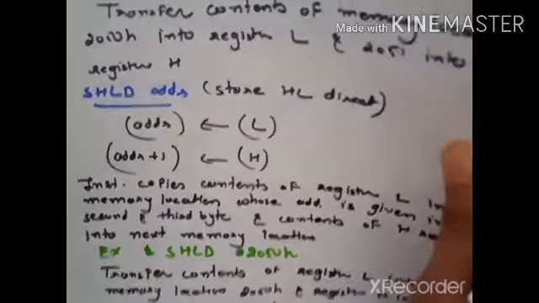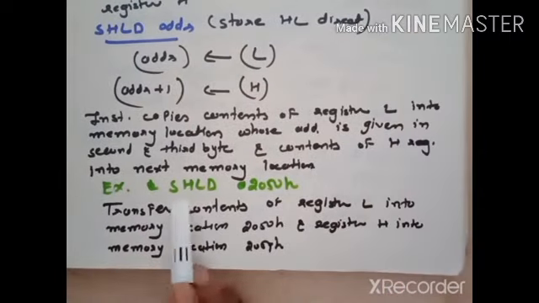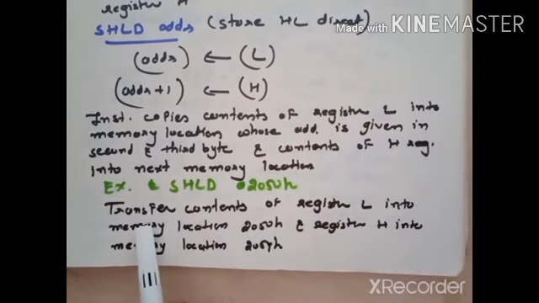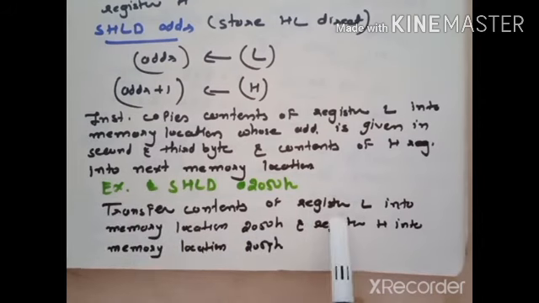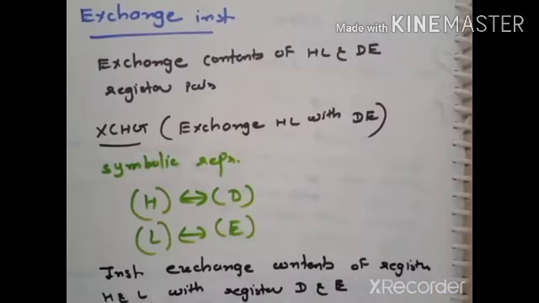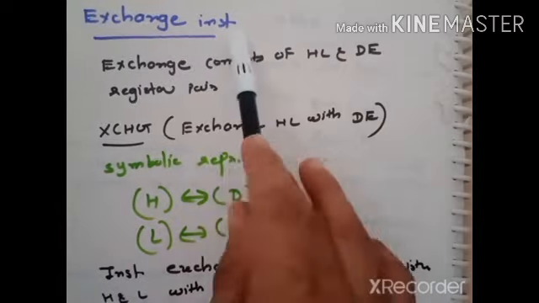Example: SHLD 2050. This instruction transfers the content of register L into memory location 2050 and register H into memory location 2051.